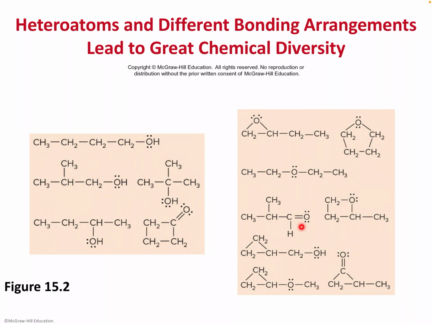Here's another arrangement of oxygen and carbon, and this is called the aldehyde functional group. This is another cyclic compound, a cyclic ether. So you can see these heteroatoms and the different bonding arrangements where they bond lead to great chemical diversity of the carbon-containing compounds.